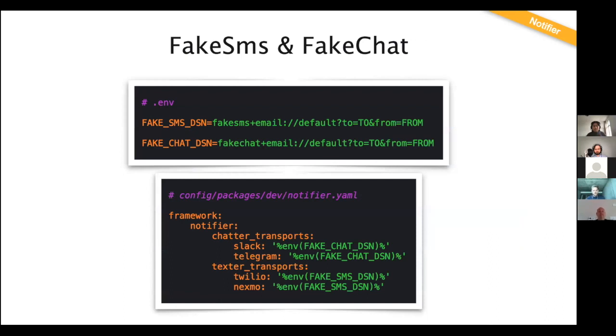So the FakeSms and FakeChat transports. And you can use them in development, and they will send your SMS or your chat messages via mailer. So it's really convenient in the development environment to check if your notifications got sent out correctly.